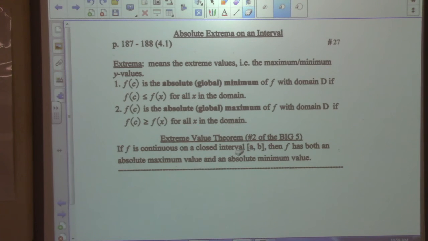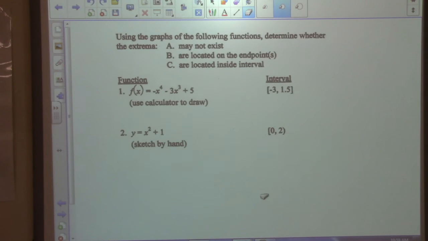You got to have your closed intervals for it to apply. Now, if you have an interval just on one side, you still could have an absolute maximum within the interval. But anyway, here are some problems right here.